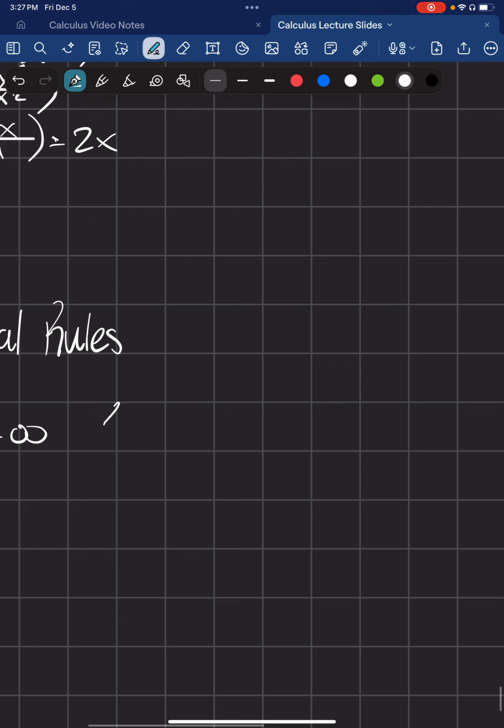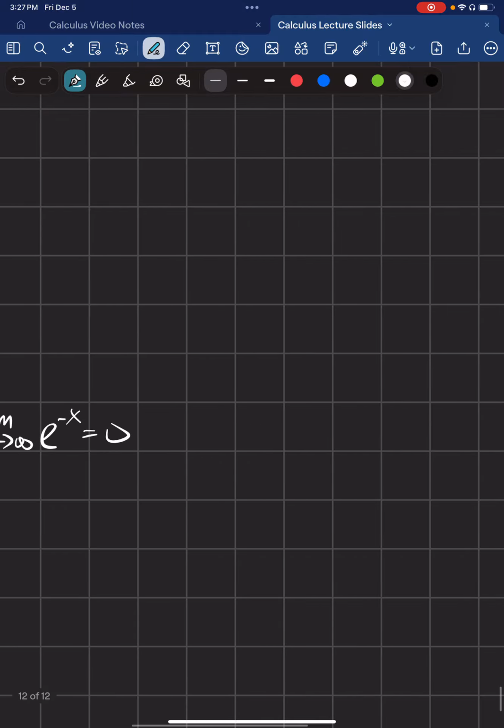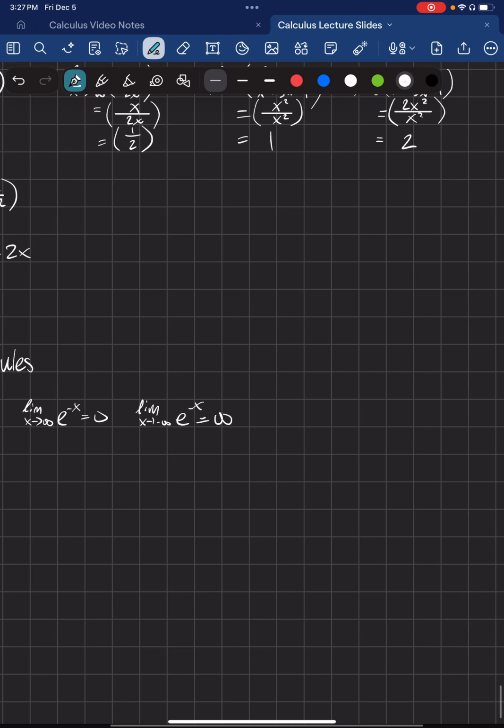And then when you take the limit as x approaches infinity of e to the negative x, you get 0. And then the limit as x approaches negative infinity of e to the negative x, you're going to get infinity.